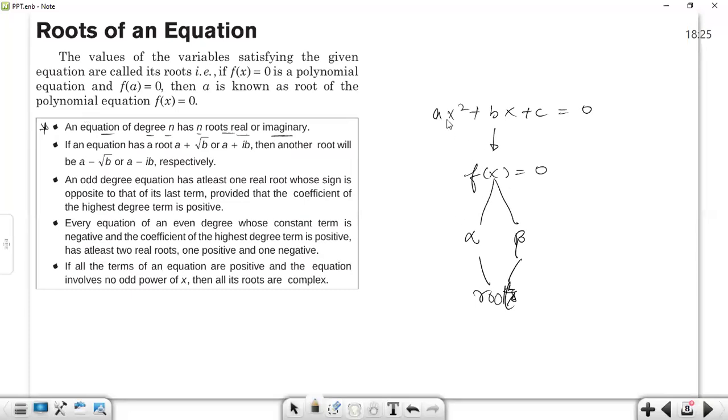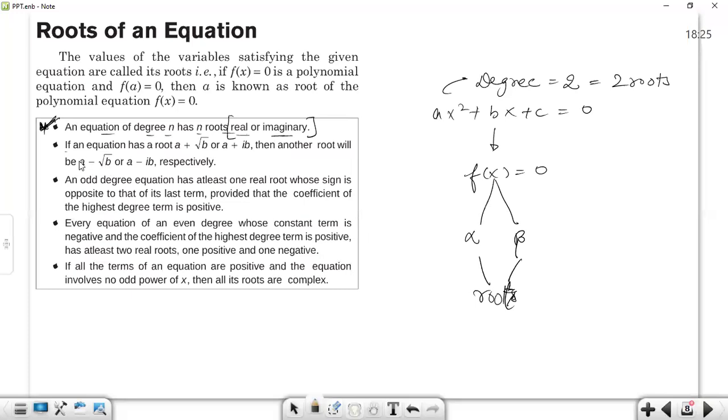Like the quadratic equation having degree 2 will have two solutions, so two roots. Similarly, if any equation has degree n, then it has n roots, which can be real or imaginary. Both will count. Is this point clear?